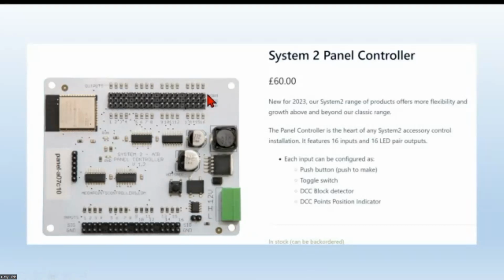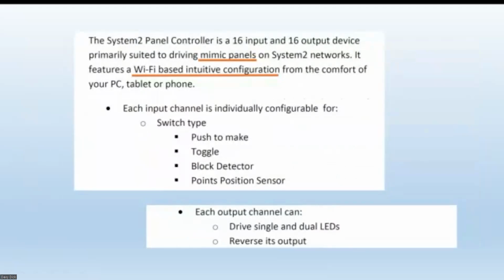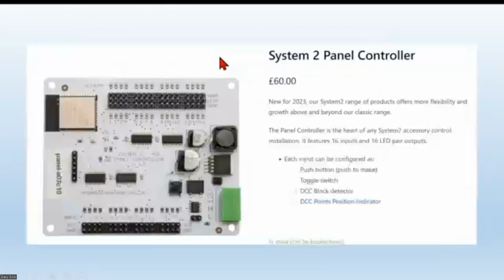The big feature of this is, as you can see, you configure it using Wi-Fi. There are no switches, there are no push buttons. You configure it using Wi-Fi. It's designed for mimic panels, hence the bunch of inputs down here for switches and push buttons.